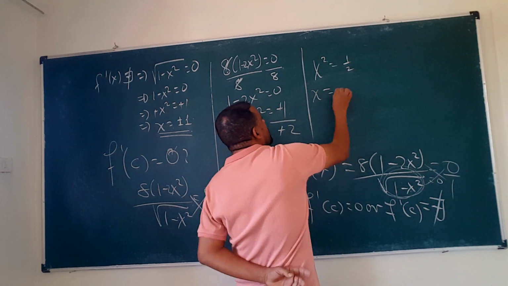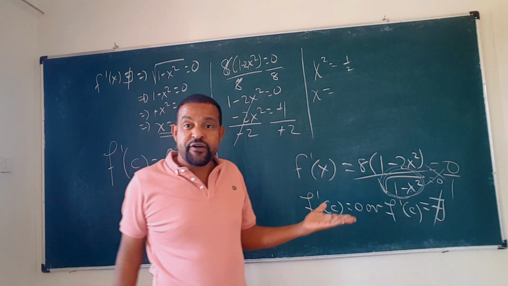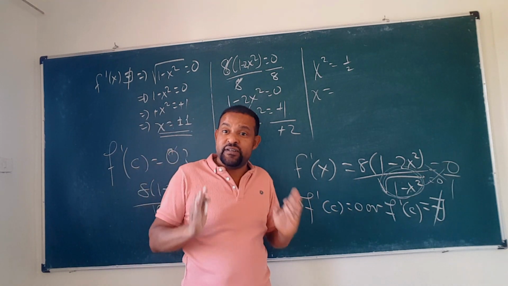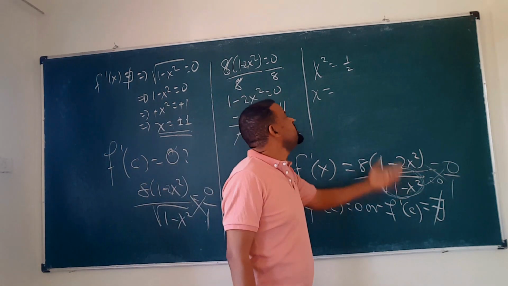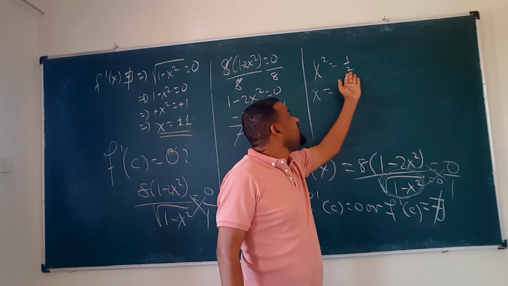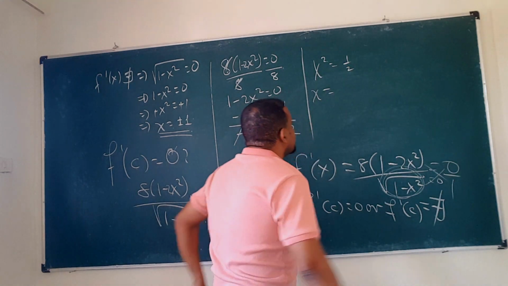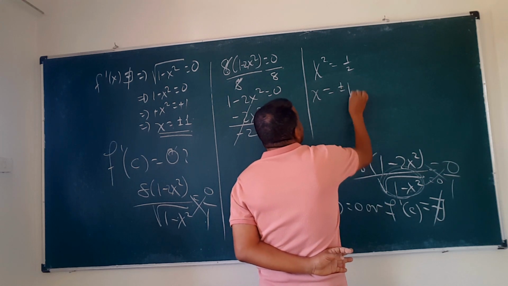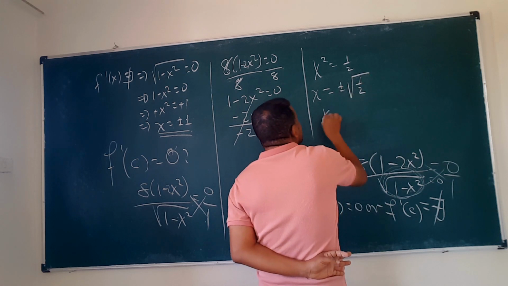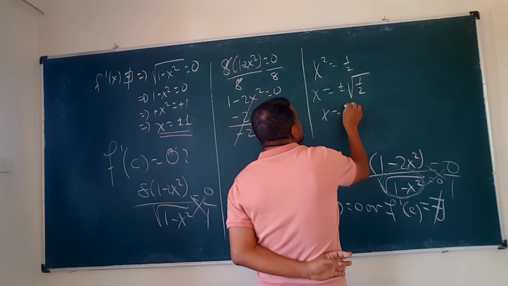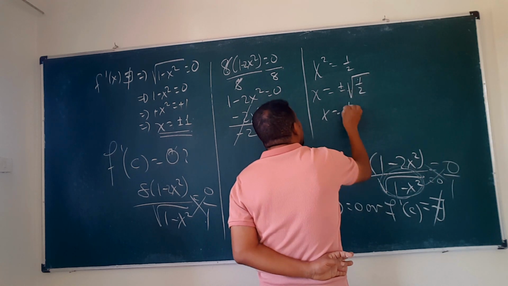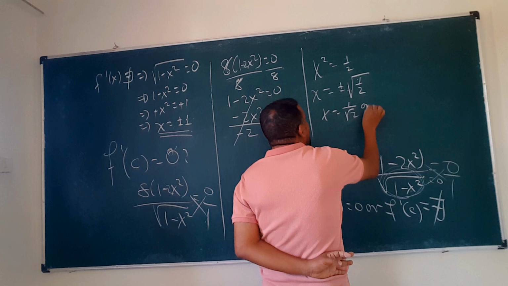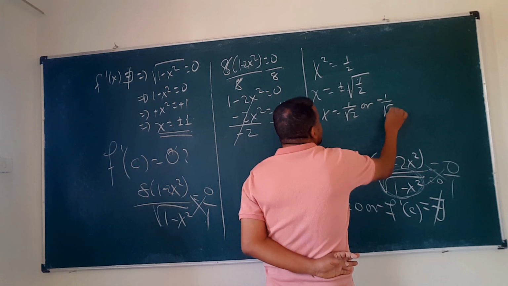So taking square root both sides, grade 9, right? X squared is equal to 1 over 2, taking square root both sides. So you will get x is equal to plus or minus of radical of 1 over 2. Radical of 1 is 1. So 1 over radical 2 or negative 1 over radical 2.